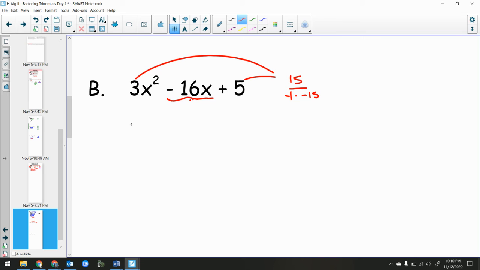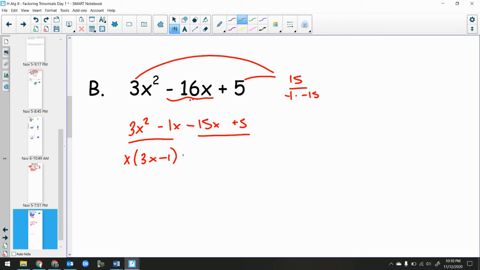All right, now rewrite the first term. The middle terms are negative 1x and minus 15x. And now I underline the first two and the last two. I see that these both have an x in common in my first set, leaving us a 3x minus 1. Now, do you see how I lead with a negative here in these two? That means I want to factor out that negative as well.